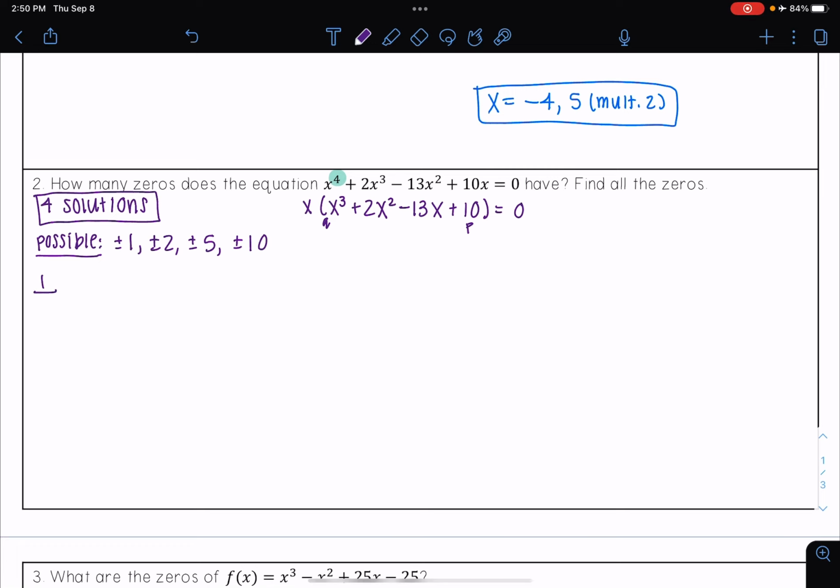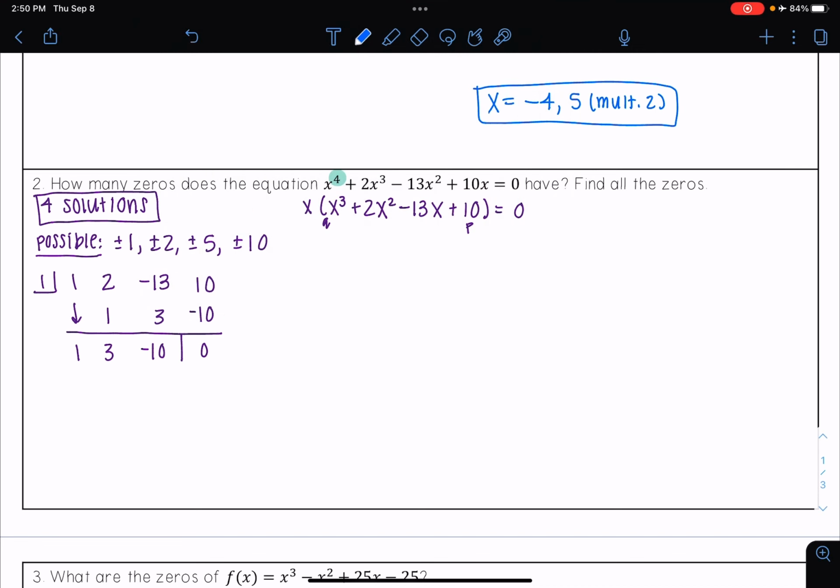I'm going to start with 1 again, and my coefficients here are 1, 2, negative 13, and 10. So I bring down the 1. 1 times 1, I get 1. 2 plus 1, I get 3. 1 times 3 is 3. Negative 13 plus 3 is negative 10. 1 times negative 10 is negative 10. And here, 1 ended up actually being a root. So we got it on our first try.